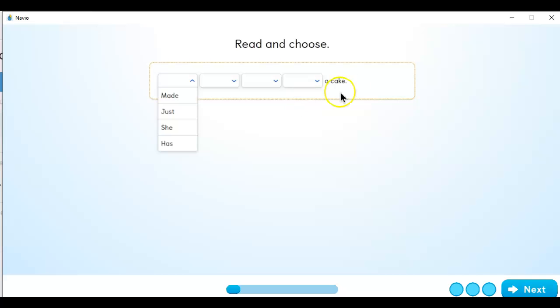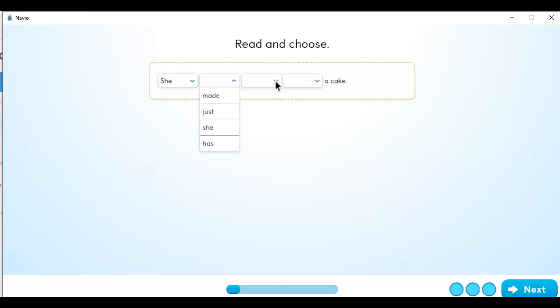This is not an interrogative sentence because we don't have a question mark here, so we need a subject here. Made is the main verb, so it cannot be first. Just is adding information. She, and has or have because it's the auxiliary. As it is she, it always wants an s, not have. So the right option is she has.